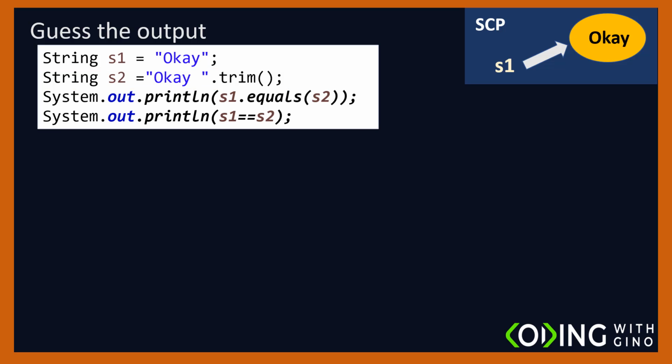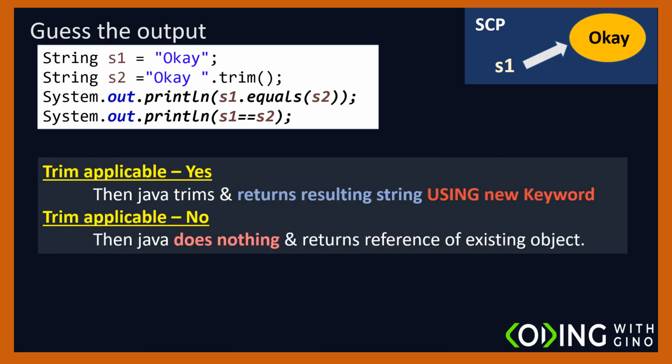Now, what you need to know is that the trim method returns the resulting string using the new keyword, and this is only if there is something to trim. If there is no blank space in beginning or end of string, then trim is not applicable, right? So, in such cases, when trim is called, the method does nothing. It simply returns reference of the original object.